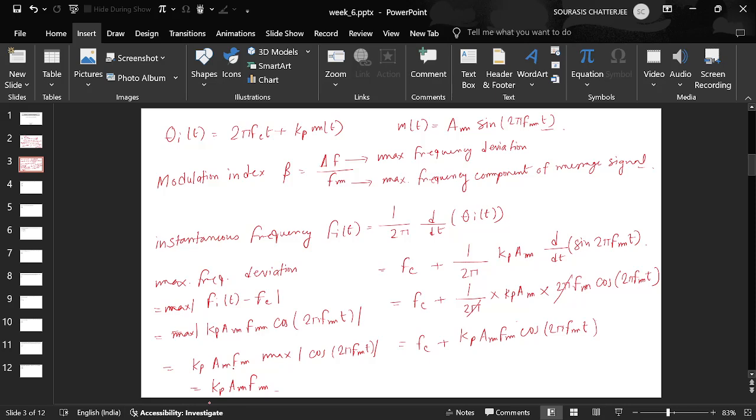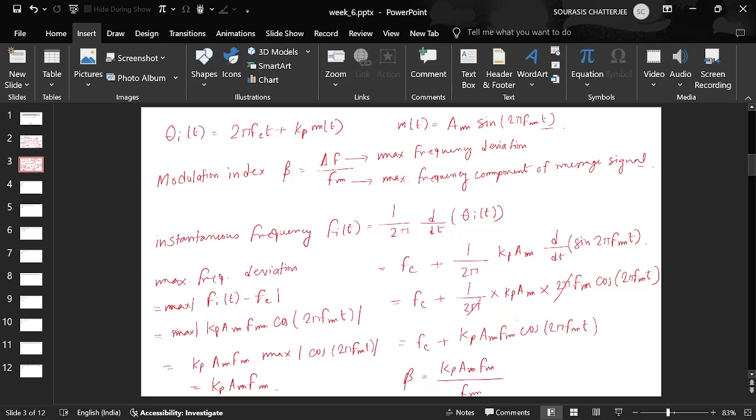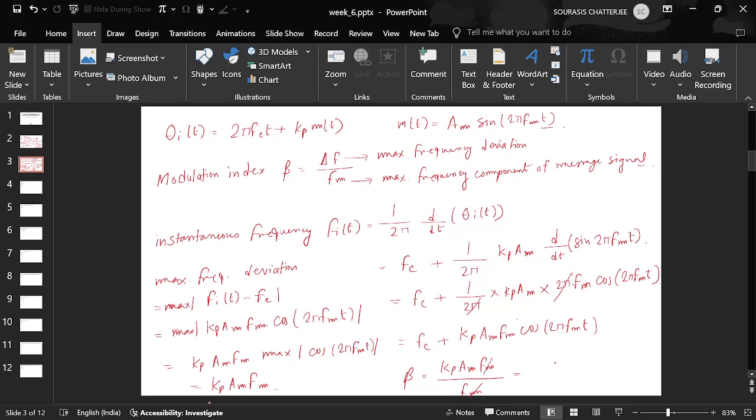And once you obtain your maximum frequency deviation, to obtain the modulation index, all you need to do is divide the maximum frequency deviation by the maximum frequency component of the message signal. So let us do that here. So beta is equal to kp Am fm divided by fm. So these two terms cancel each other.